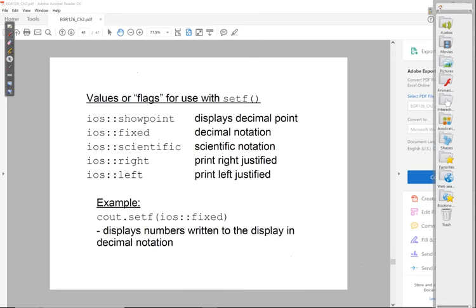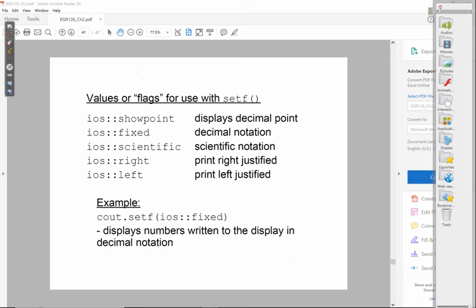So what you'll want to do is first fix, meaning you want to fix the number of decimal points, and that's what this command shown here does. So before you do any couts, you first do this: cout.setf, then in parentheses you put ios::fixed.